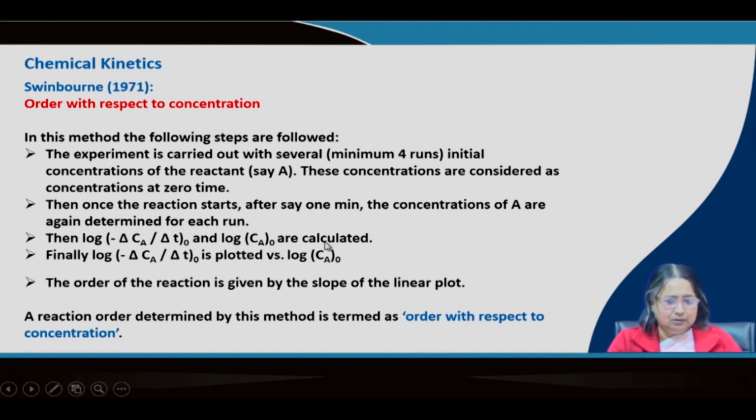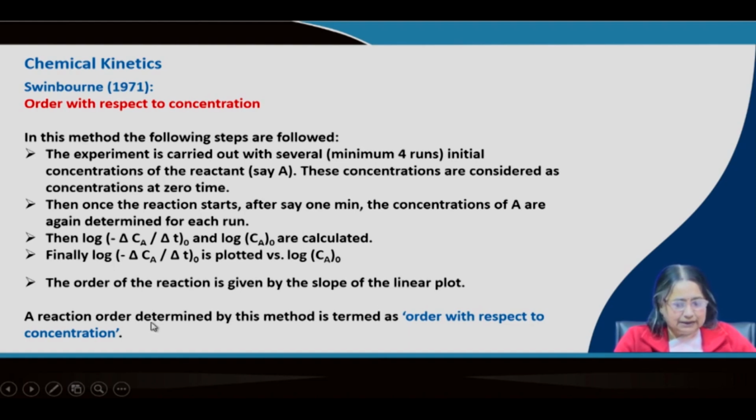We can easily calculate log Ca0, and then plot log of minus delta Ca by delta T versus log Ca0. Here also we have to see the slope of the straight line.